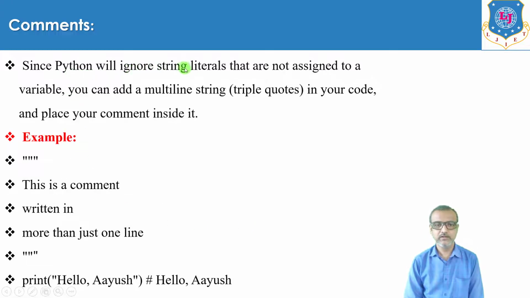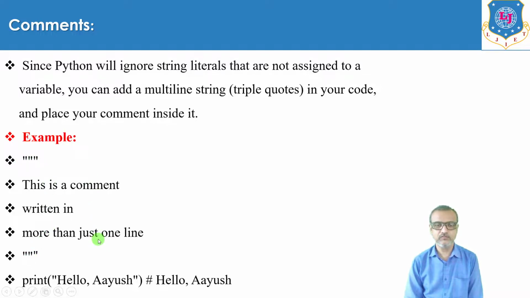Since Python will ignore string literals that are not assigned to a variable, you can add a multi-line string using triple quotes in your code and place your comment inside it. For example, in triple quotes I have written this is a comment written in more than one line. So this is a multi-line comment using triple quotes.